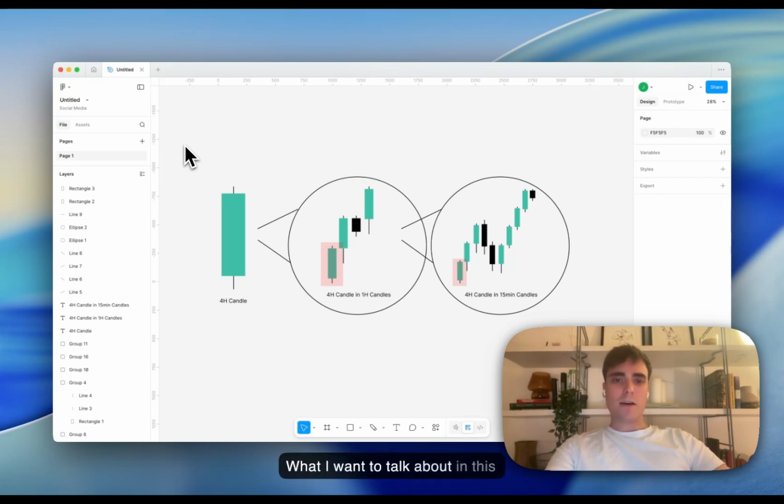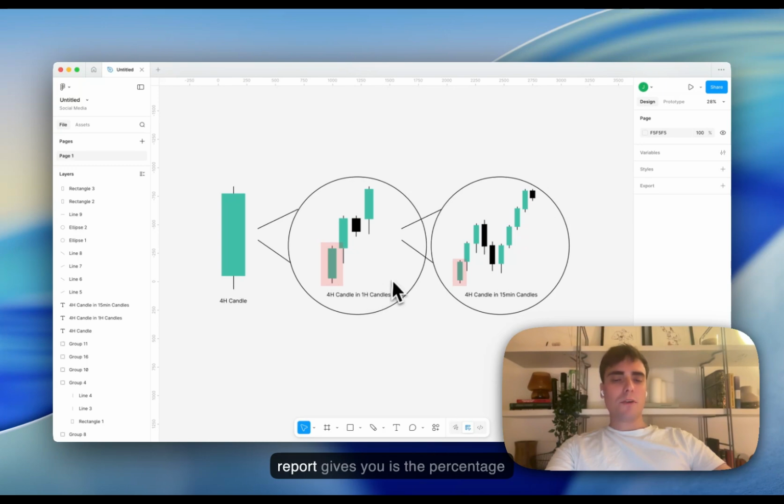What I want to talk about is how we can use the Edgeful report for the candle continuation on the 4 hour candle, the same way we did for the 4 a.m. candle opening for London session.